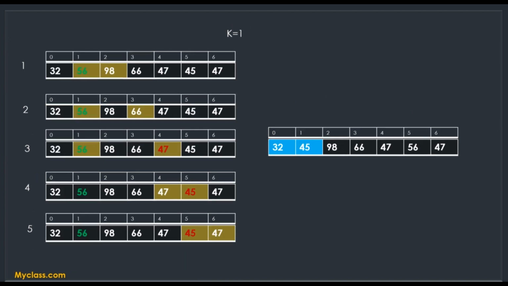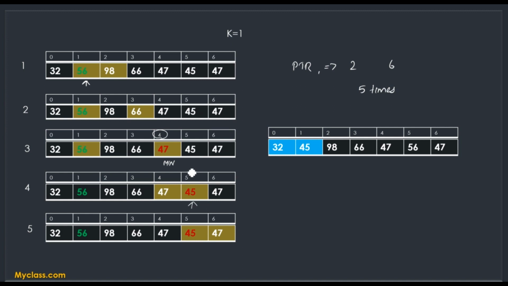When K equal to 1, we are setting that 56 is the smallest one. Then we are starting with PTR. Our inner loop is from 2 to 6, so 5 times the inner loop is working. We are checking 56 and 98. 66 is also greater than 56, but 47 is less than 56. So the new min value is 4. Now we are checking 47 and 45.